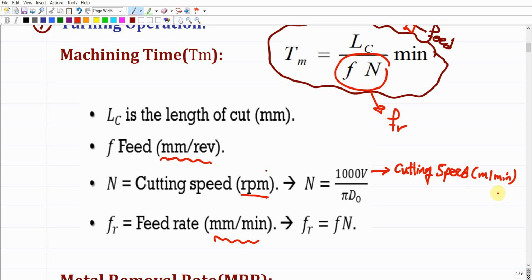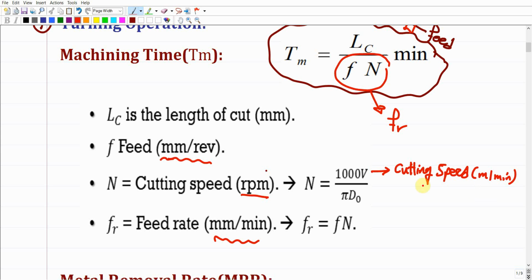Make sense? That's what commonly happens. In many machines, if you go to the control panel of the machine tool, a lathe machine or a drilling machine or whatever it is, you will find that the feed is defined in terms of millimeter per revolution, and the cutting speed is defined in terms of meter per minute.